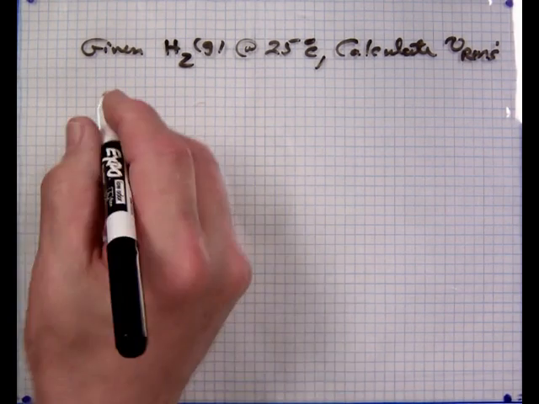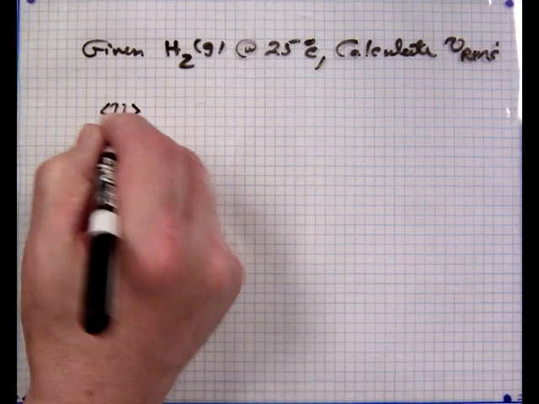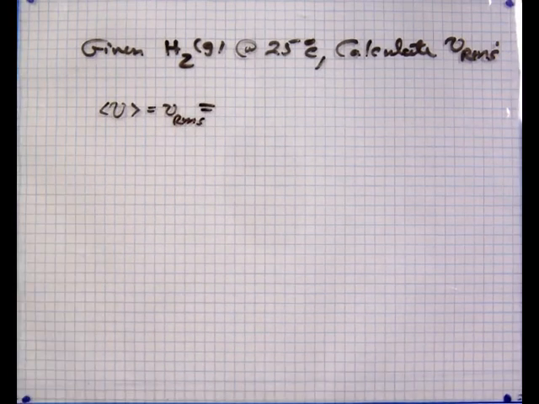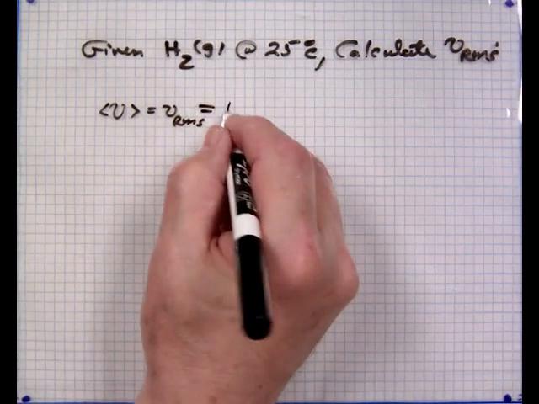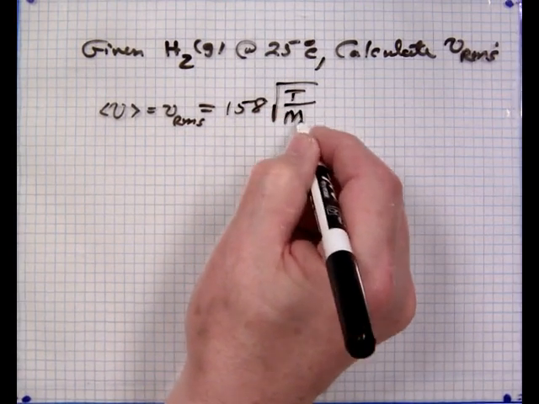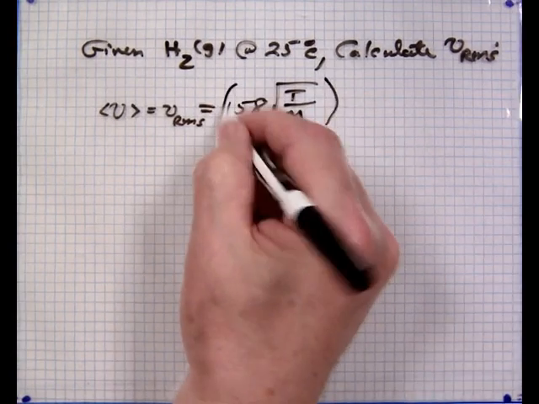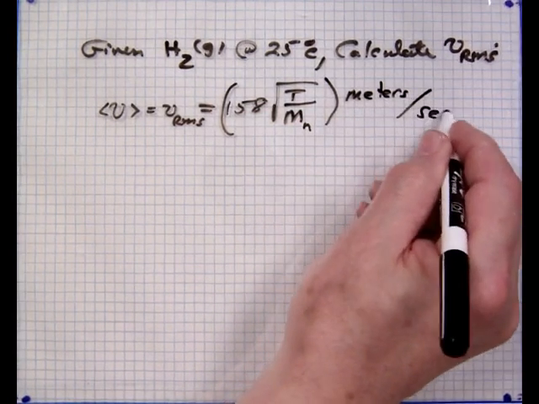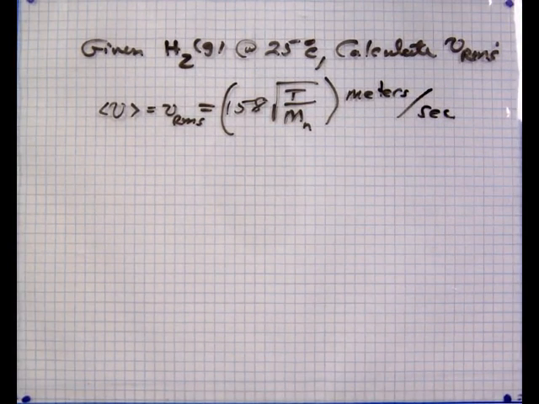That is velocity, RMS, however you wish to subscript it, is 158 times the square root of Kelvin temperature over mole weight, and this will come out in meters per second. So it's a very simple calculation, and you could calculate this from any temperature for a given particle.